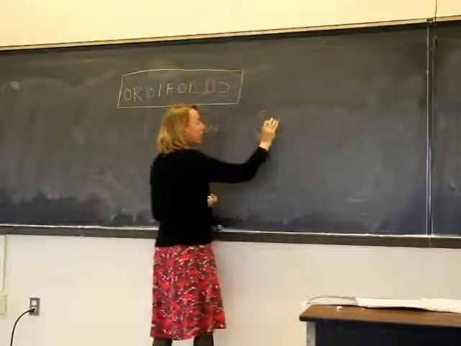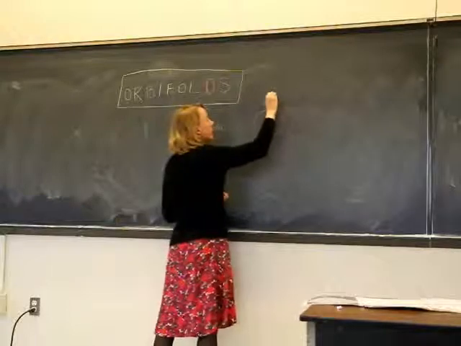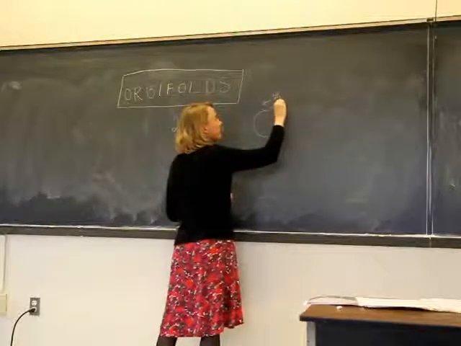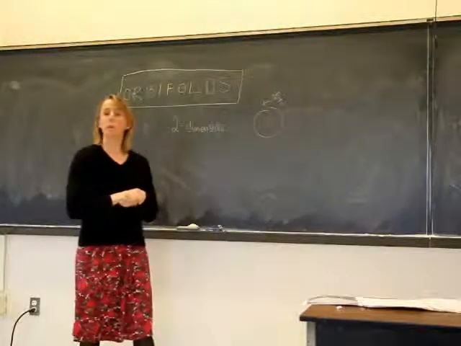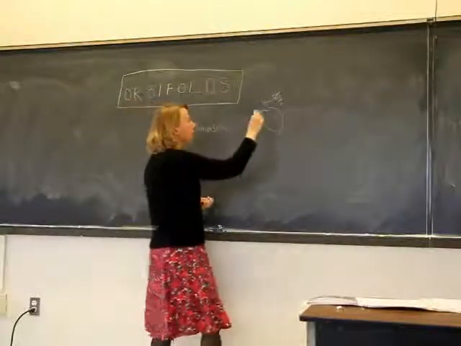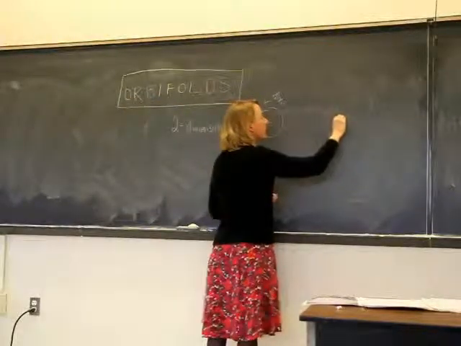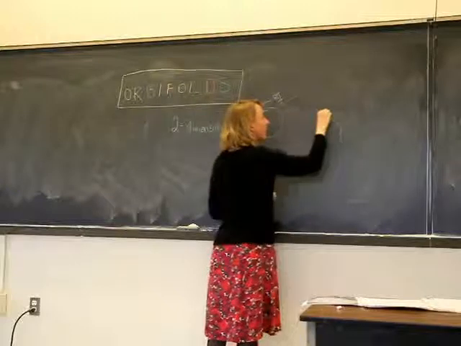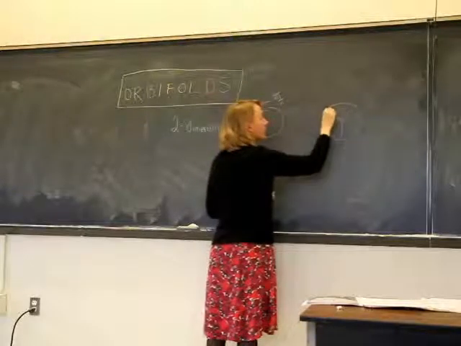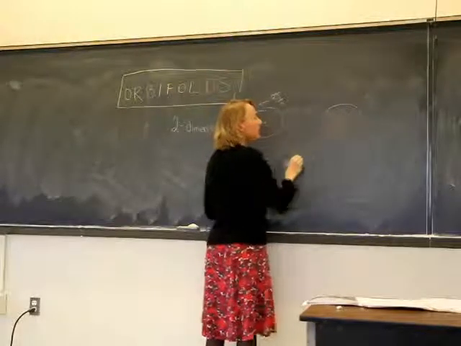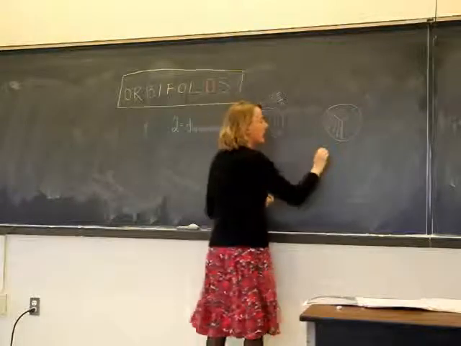One thing I could do is rotate by, say, 2 pi over n. What's the quotient going to look like in this case? Suppose I rotate by 2 pi over 3, so a little fundamental domain for this action is one of these things.